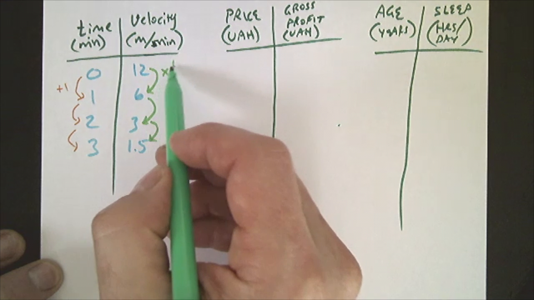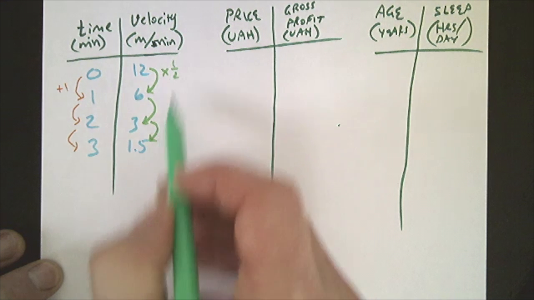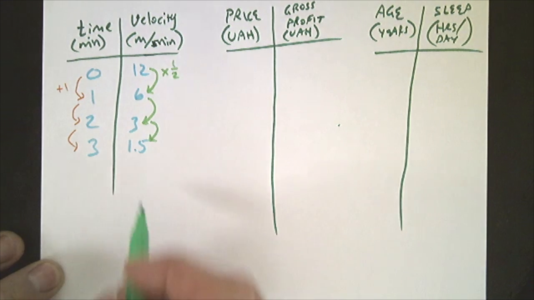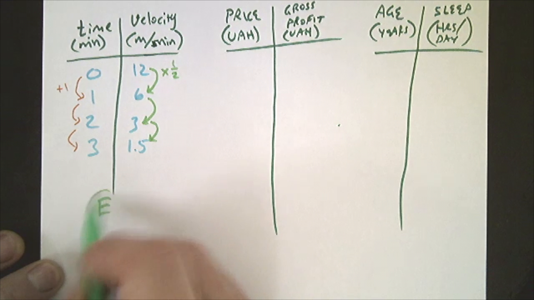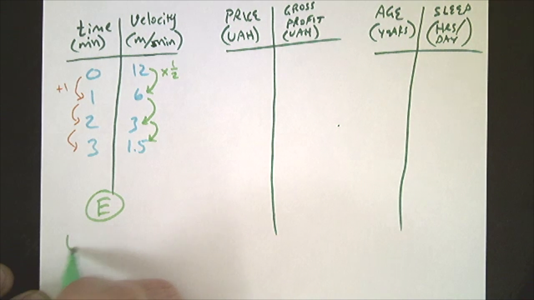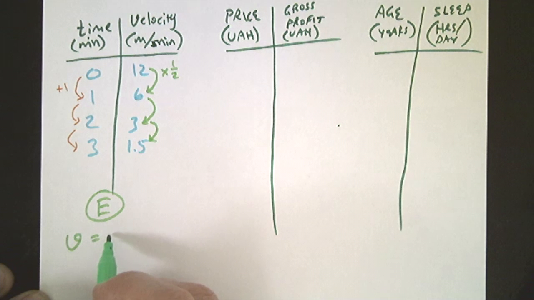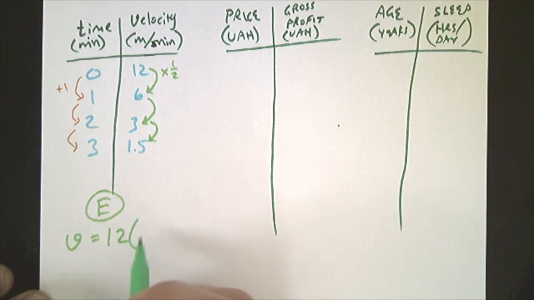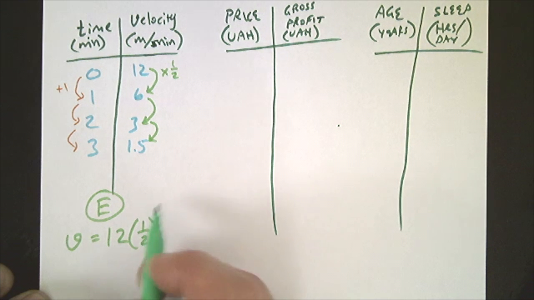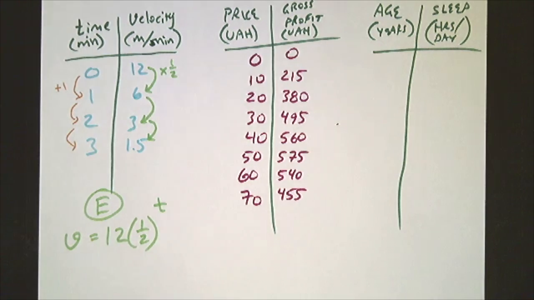This is times 1/2 all the way down. So that would be modeled with an exponential function. The velocity is equal to, in this case, the equation is velocity is equal to 12 times 1/2 raised to the t.